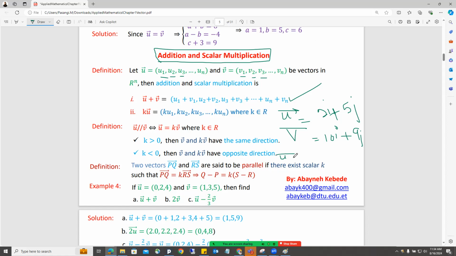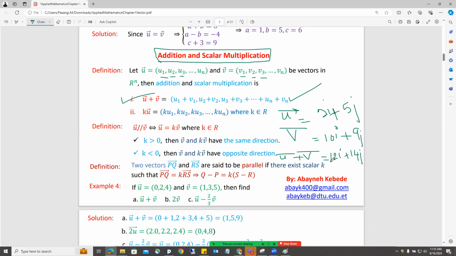So u plus v vector, what is the final answer? 12i plus 14j. Yes, 12i plus 14j, that is it.